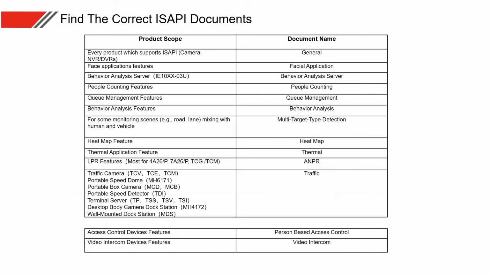If you want to develop people counting features, please check the people counting ESRP documents. And of course, there are a bunch of other ESRP documents there. If you use access control devices, please check our person-based access control ESRP documents. So you can find the correct ESRP documents according to this list. Please take care with this list.